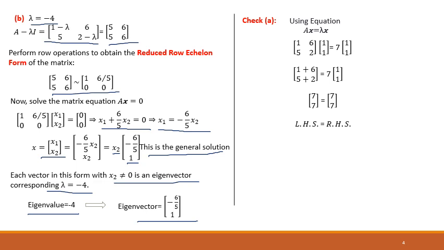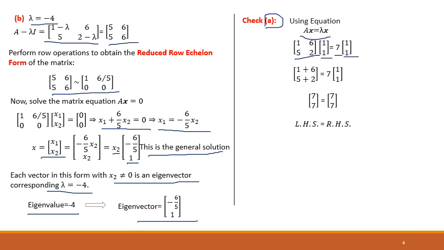We can check whether the calculated eigenvalues and eigenvectors are correct by using the equation Ax equal to lambda x. Here is the matrix A which is given in the question. This is the eigenvector which was calculated in part A. This is the eigenvalue and this is the eigenvector.